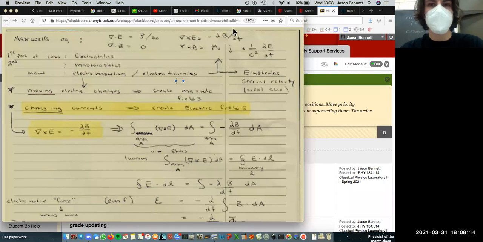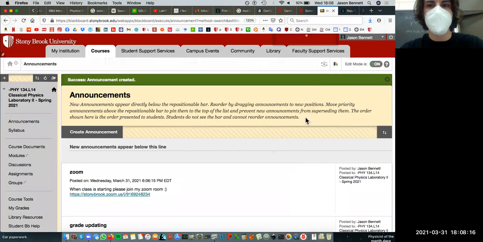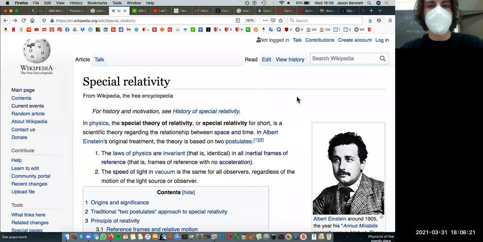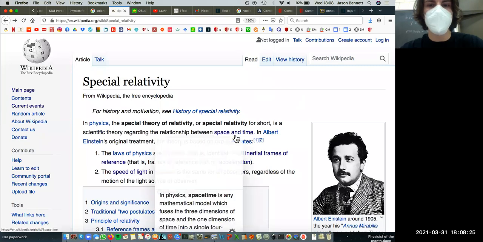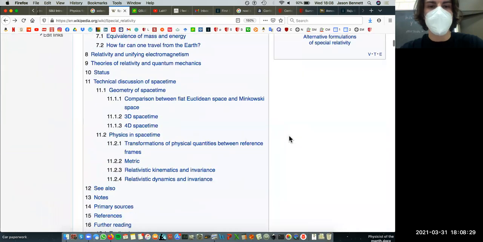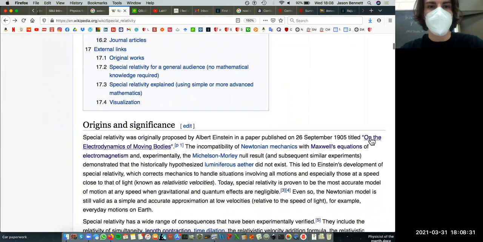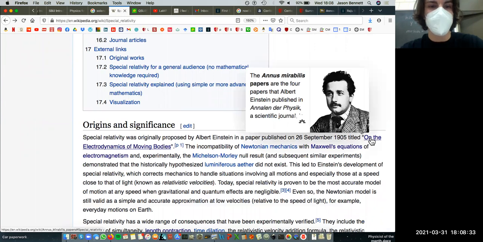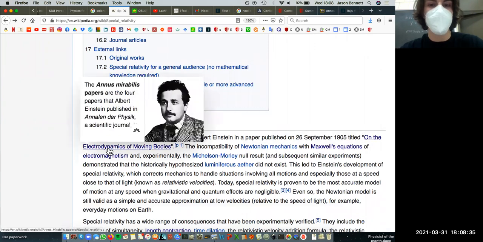If you look at Einstein's paper on special relativity, his relationship between space and time, the title was actually On the Electrodynamics of Moving Bodies.